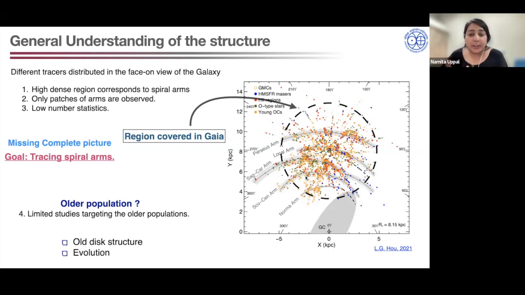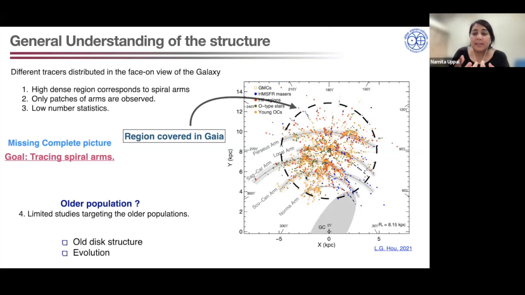If we know the distribution of the older population, we may get some information about the structure of the galaxy. And if we link that with the younger star information, then we will see how the galaxy has evolved till now. So the distribution of the older population is equally important, and comparison with the younger population will give us the evolution history of the galaxy.